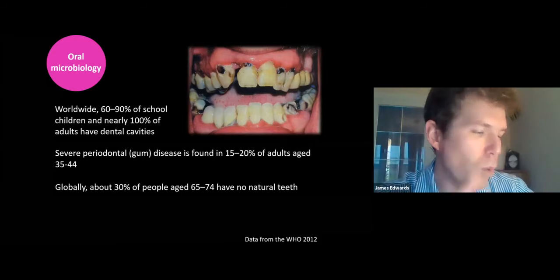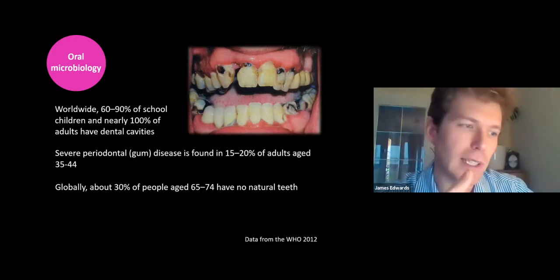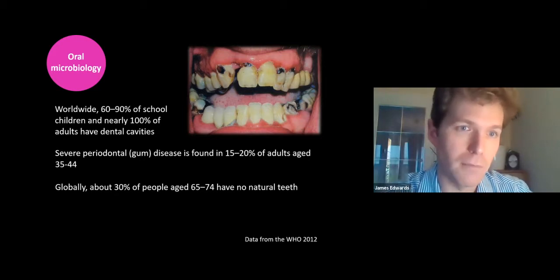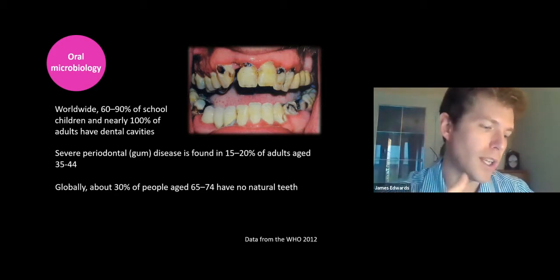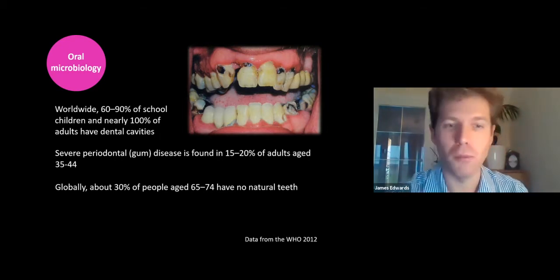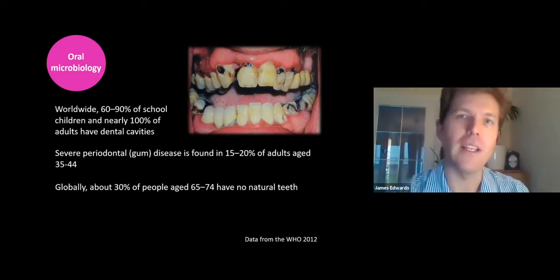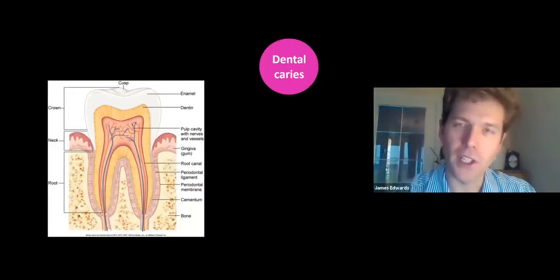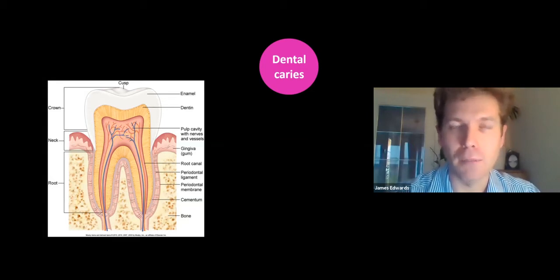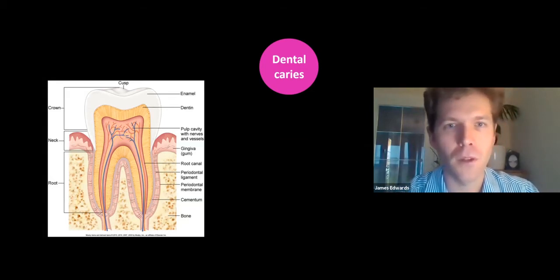Probably one of the most important and widespread infections and pathologies seen worldwide is tooth decay. And tooth decay can start out a little bit superficial. So you may get caries or pitting, where the surface of the tooth becomes damaged, but it can then quickly escalate and become much worse if left untreated.